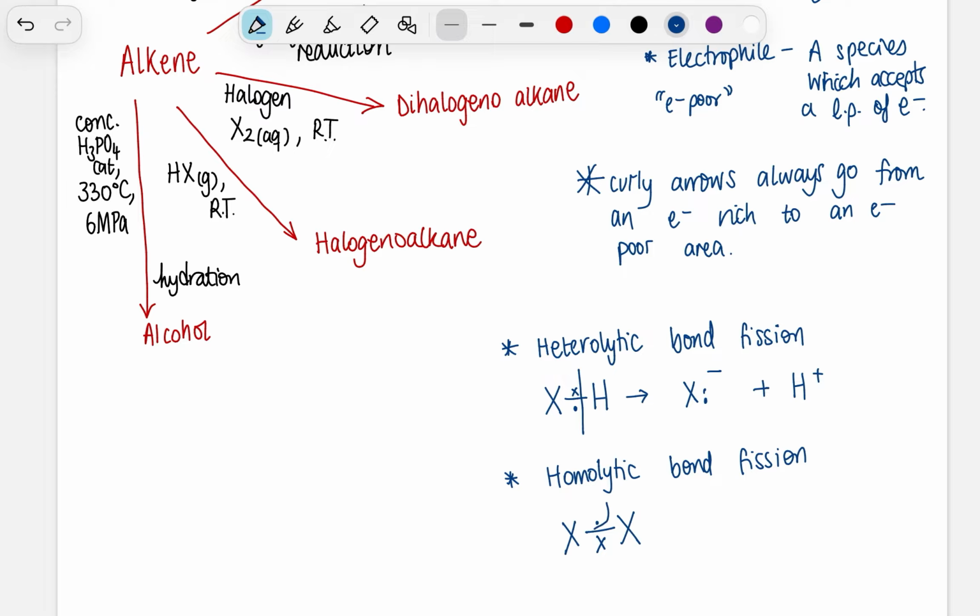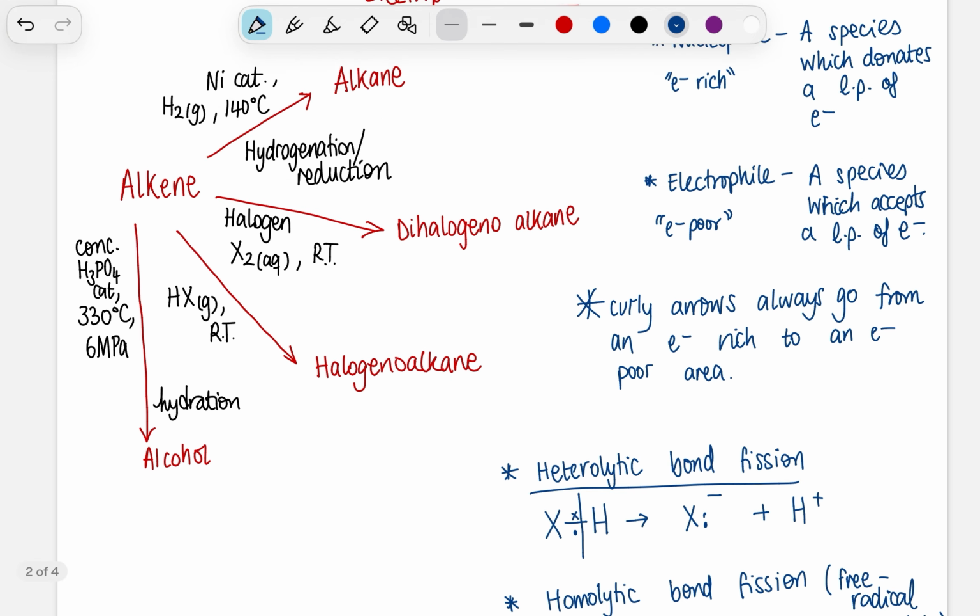So this would break like this, and you would form radicals. Okay, normally homolytic bond fission only occurs for AS for your free radical substitution mechanism. So we're going to be focusing on heterolytic bond fission in this mechanism today.